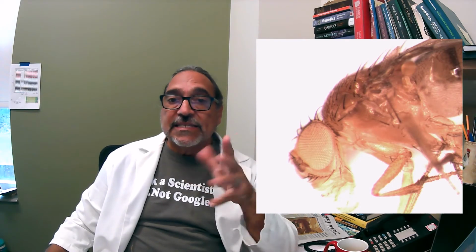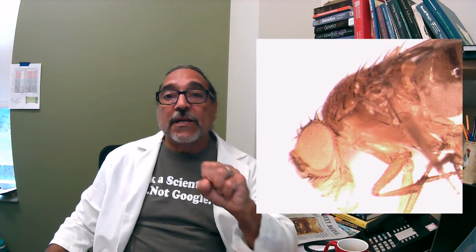This individual right here is not sex-linked, but is actually the result of a double recessive. That is, it is recessive bw, bw, st, st. So it is a brown, scarlet double recessive mutation, eliminating both pigment pathways. All right?